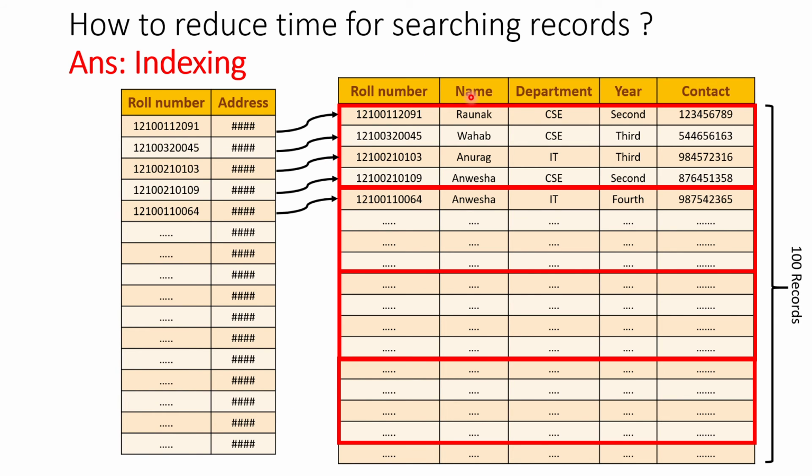It will check where this roll number is present in this particular column. Whenever it finds it, it will find the corresponding address, and this address directly redirects the system to the exact location of the record.